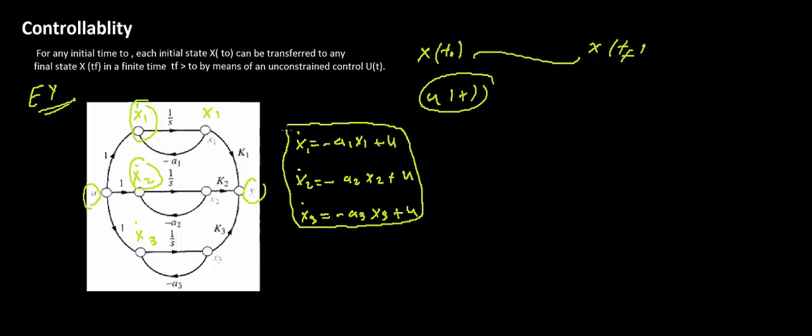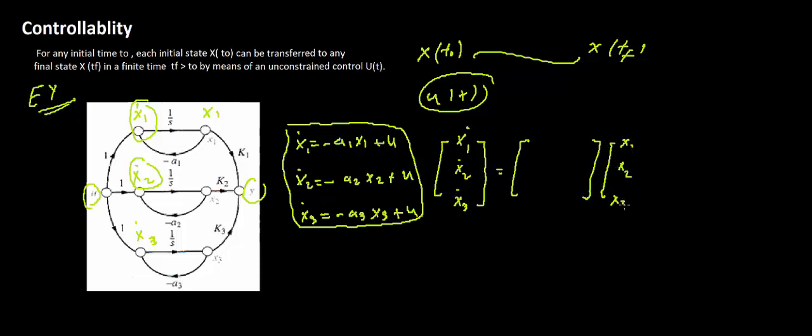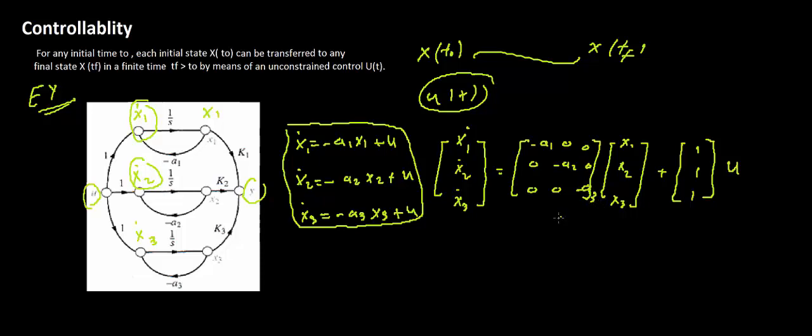If you need to write it in matrix form, A is the diagonal matrix with minus a1, minus a2, minus a3.